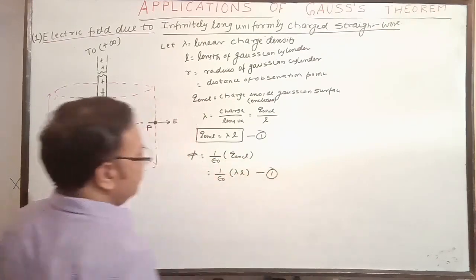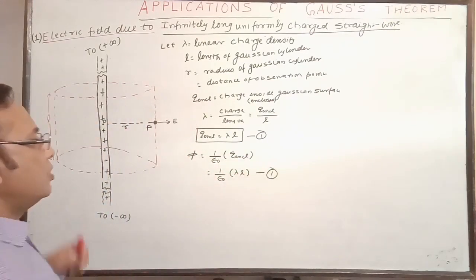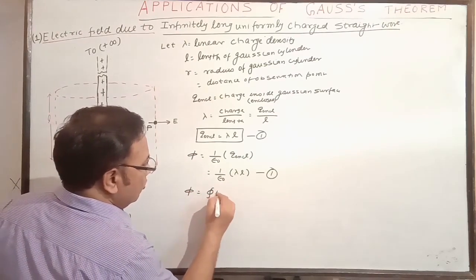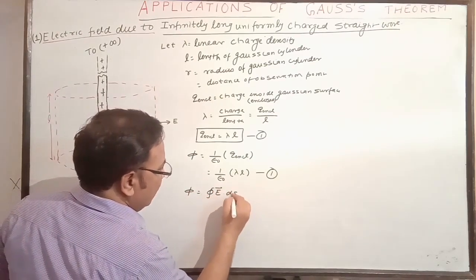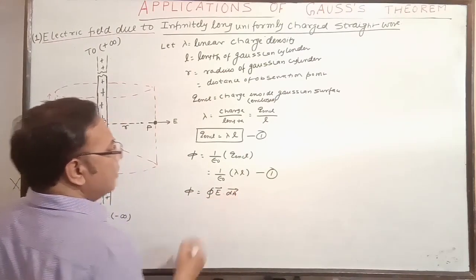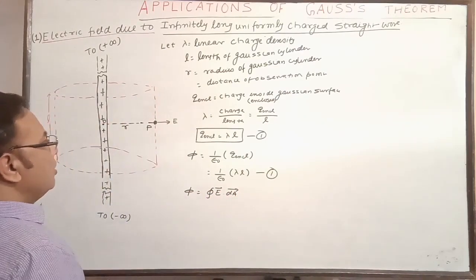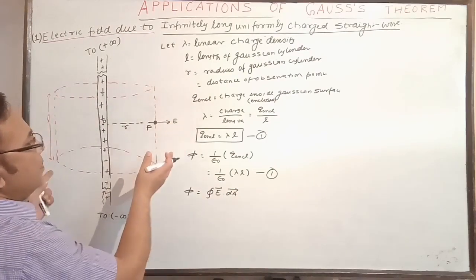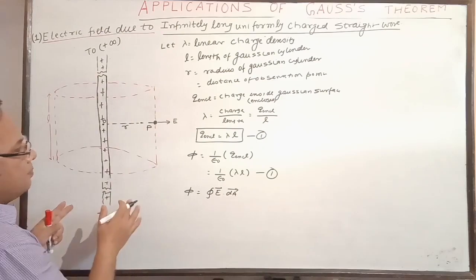This is the first thing. Now we also have Gauss's law. The flux phi is equal to the integral of E dot dA, writing dA for area. Here the flux is coming out from all parts of the cylinder.